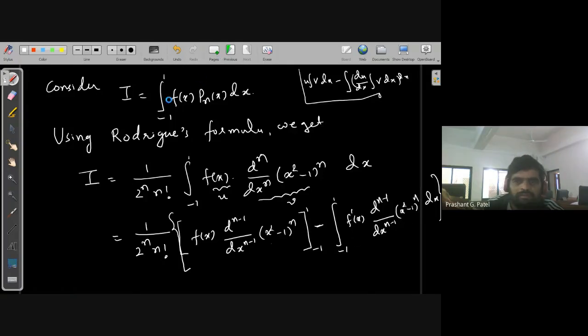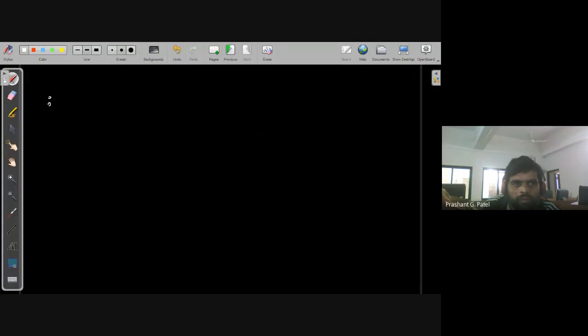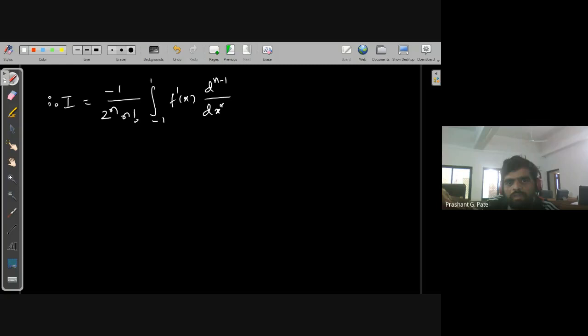So let us write that, therefore I equals minus 1 upon 2 power n into n factorial, times minus 1 raised to n, sorry, minus 1 to 1 of f dash of x times the n minus 1th derivative of x square minus 1 raised to n dx.